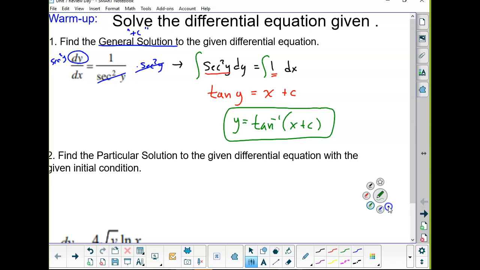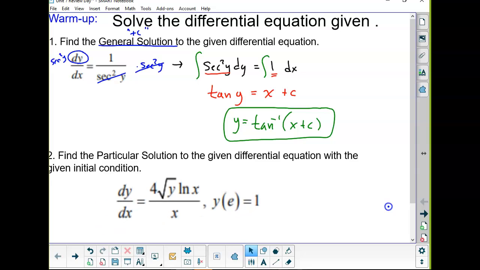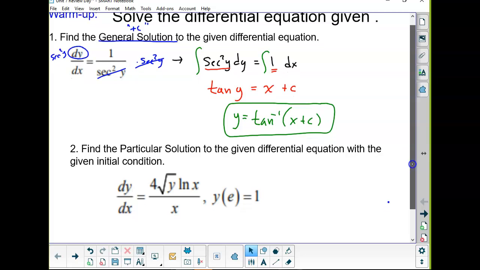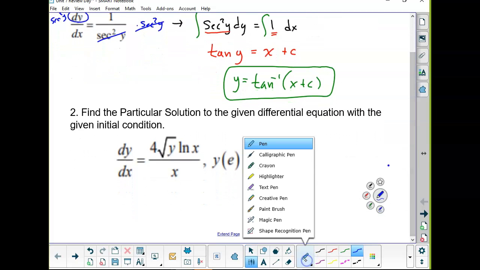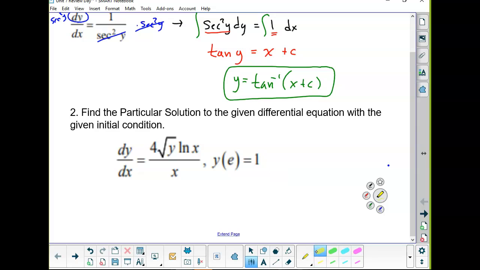And then the second one, I just figured this was kind of fun. So we might as well do a little more challenging one here. Notice one thing. ln of x divided by x. And then the 4. That 4 is a constant.